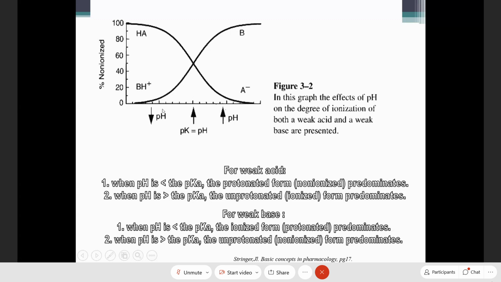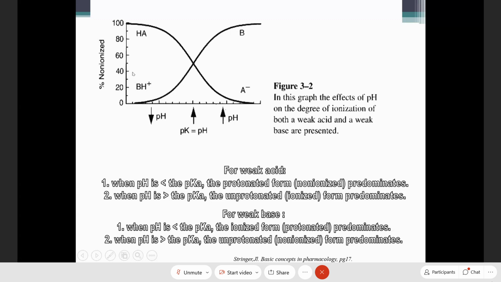The same thing for the weak base. When the pH is less than the pKa, the ionized form predominates, because it has the charge, the hydrogen ion. And why is it very low here?